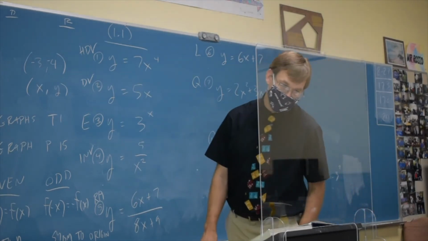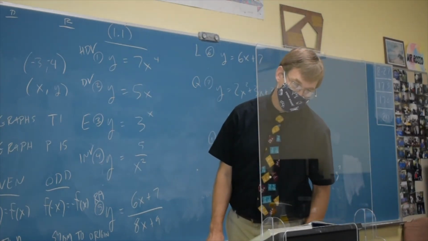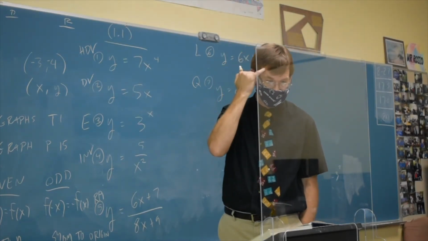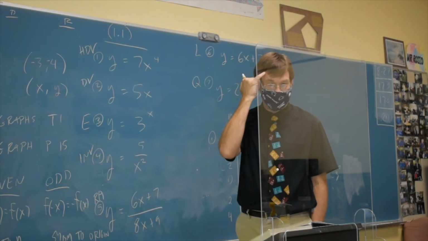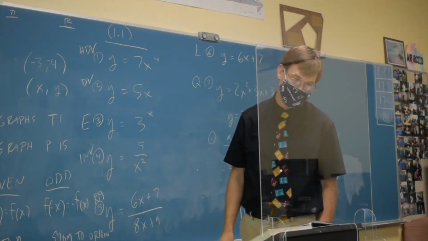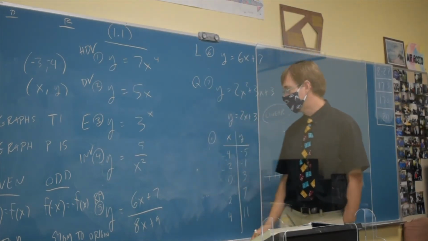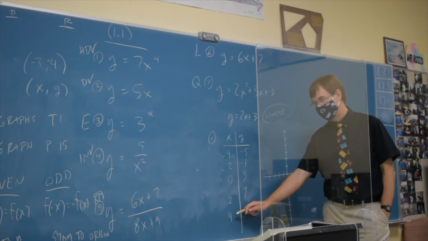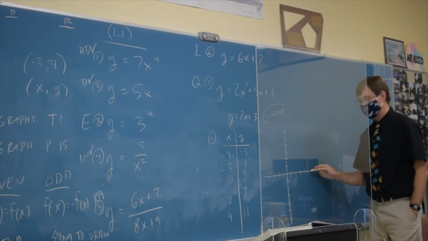Part C, they want you to make a graph on graph paper. I don't care about graph paper. You don't need to do graph paper. You can do your own little sketchy graphs. Depending on how the numbers go, they tell you, and I'm telling you, it's not necessary to use the same scale for both axes. So since this was only using numbers between -4 and 4, I just did 1 space per.